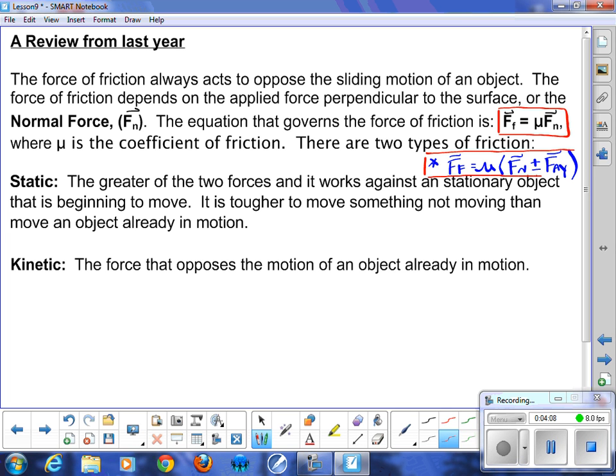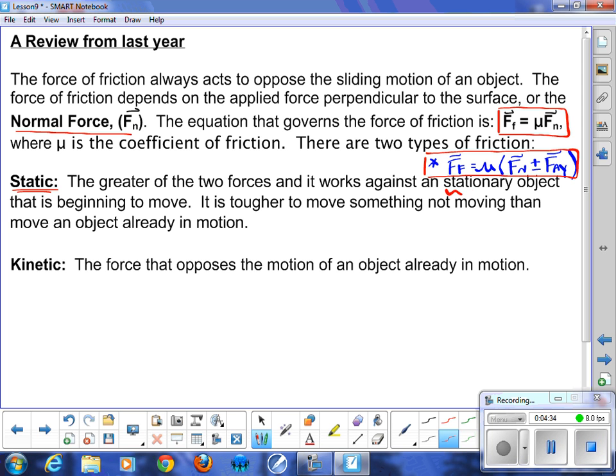Please make sure you box that up for your formula for force due to friction. All right, so mu is the coefficient of friction, and there are two types of friction. Talking about normal force here, static friction is the first type. The greater of the two forces, static friction, works against a stationary object.